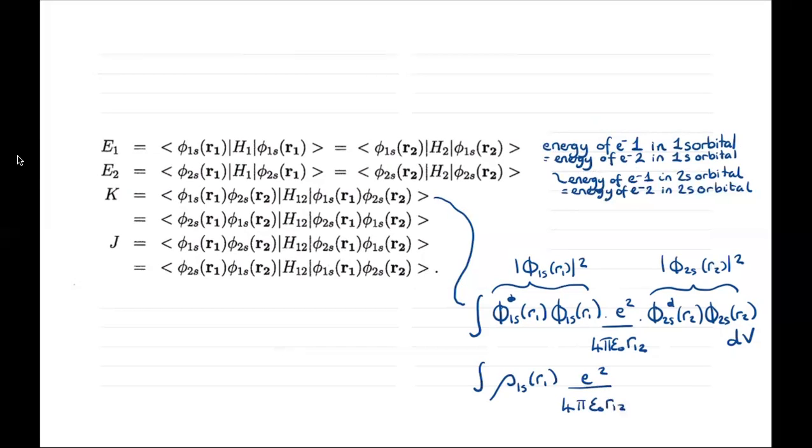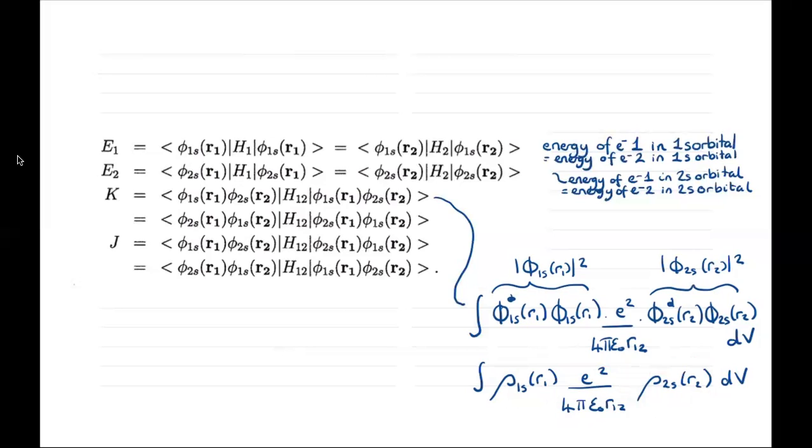And on the right-hand side, I have the charge density of electron 2 in the 2s orbital. And I integrate over all space. So I have the charge of electron 1 in the 1s orbital interacting via the Coulomb interaction with the charge of electron 2 in the 2s orbital.